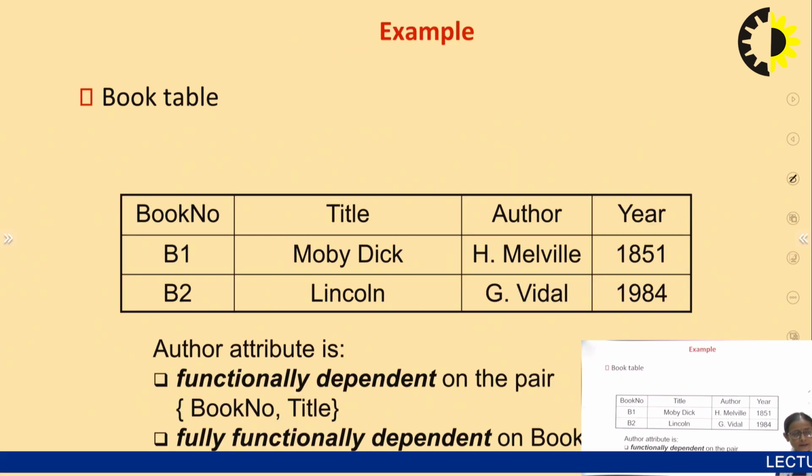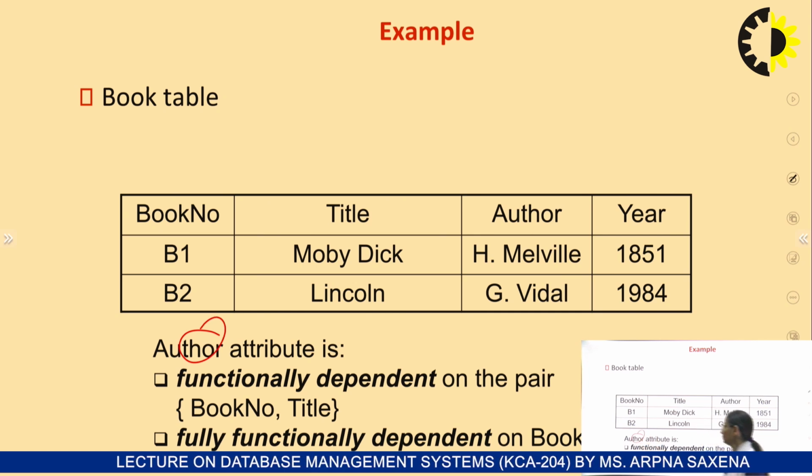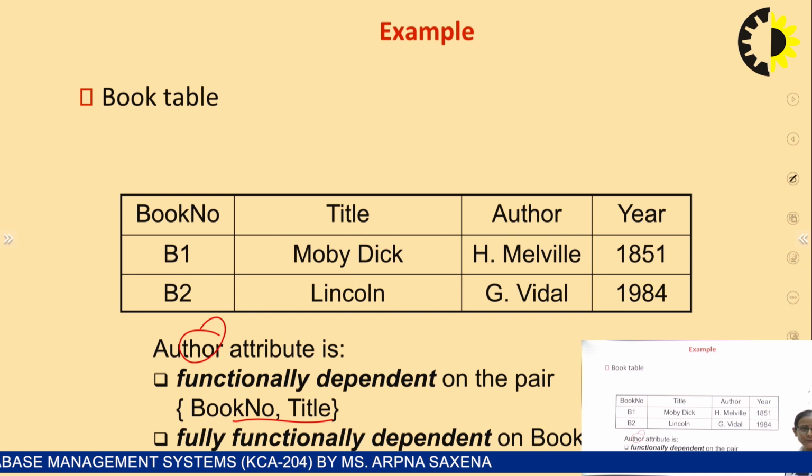This is another example. Here we have book number, title and author. The functional dependency on the pair book number, title: the author attribute is functionally dependent on book number and title, and it is fully functionally dependent on book number.